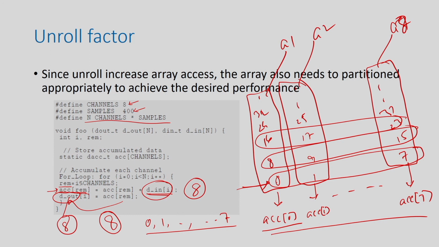You cannot just partition blindly, then it will not work. You have to see the access pattern and make sure that for the iterations that are now running in parallel, the corresponding data must be in different arrays. They cannot be in the same array, otherwise your performance improvement will not be achieved.